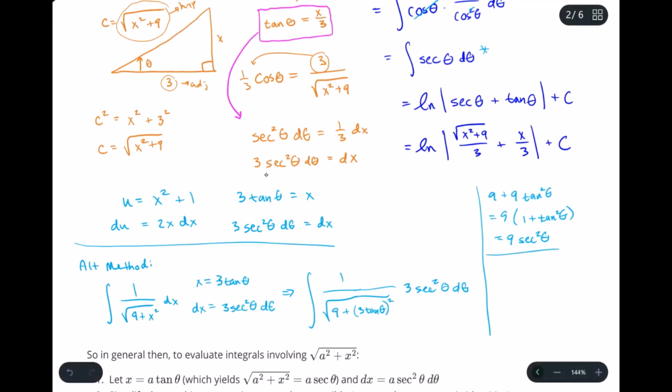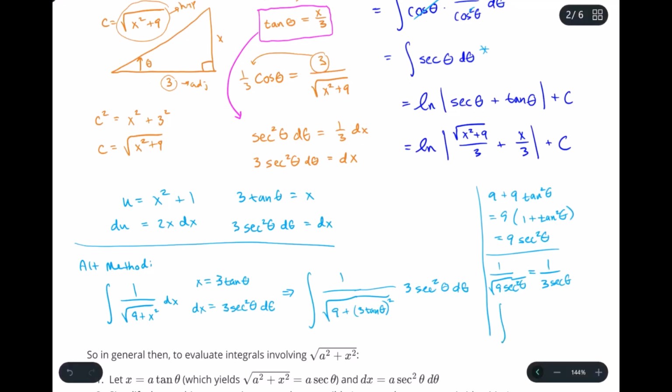So 1 over the square root of this 9 secant squared theta. Notice that this is all perfect squares now. It becomes 1 over 3 secant theta. Okay, so then you have all of this just becoming 1 over 3 secant theta.